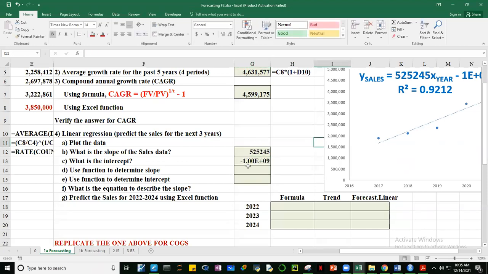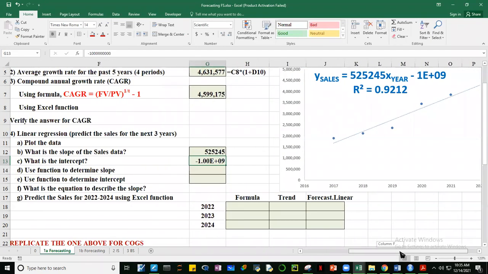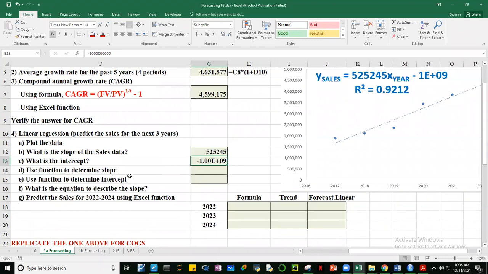Whatever this value is, that's our intercept. Now the good thing guys is that we can use the function in Excel. May function na slope and intercept. So if we look at this function, known Y's and known X's. Kailangan natin alam yung known Y's and known X's.